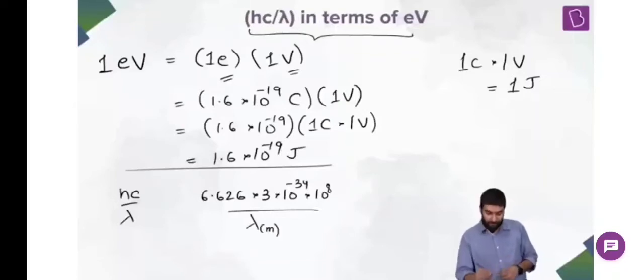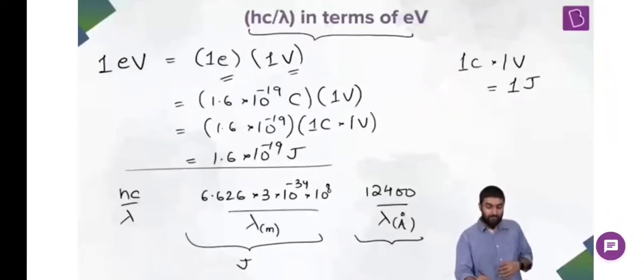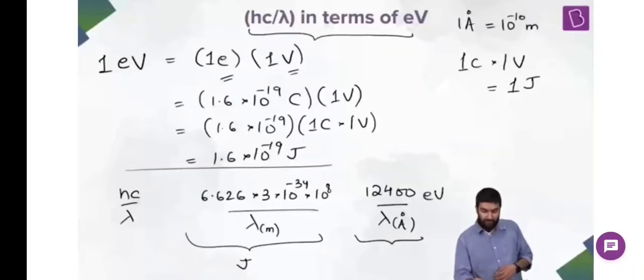Now this over here is in joules. Essentially you can write this as 12400 divided by wavelength in angstrom. I hope you guys know about angstrom. If you do not, 1 angstrom is equal to 10 to the power minus 10 meters. This over here is in electron volts.